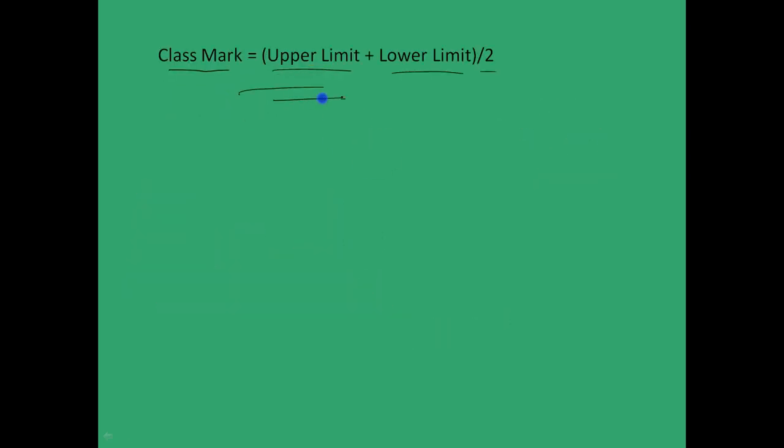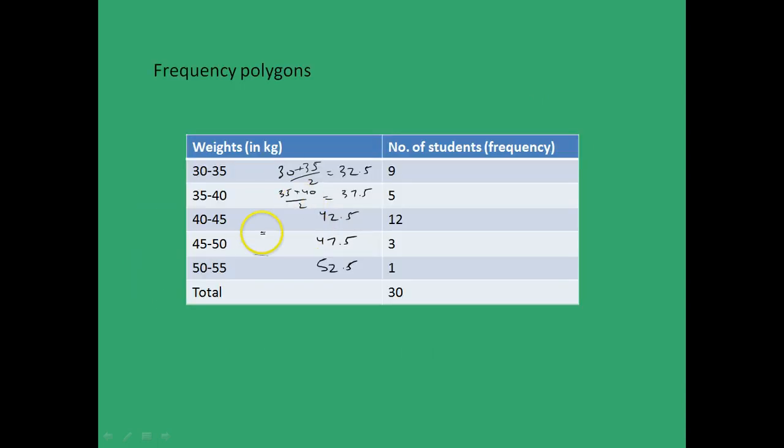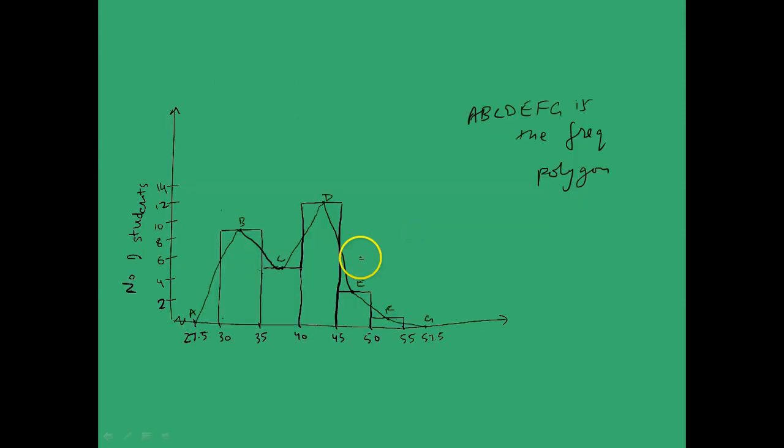And so that's what class marks are. So instead of drawing the histogram, what you can do is simply get the coordinates of all of these points by using the class mark and the frequency, where the class mark becomes the x coordinate and the frequency becomes the y coordinate. That's what you see here also.